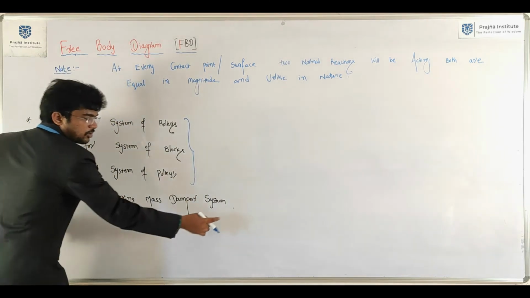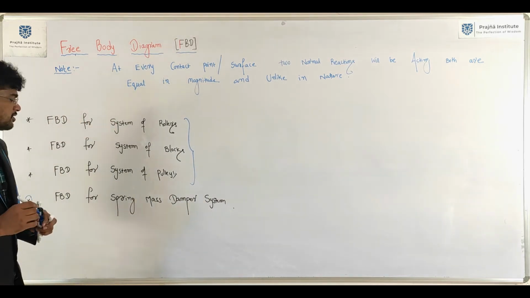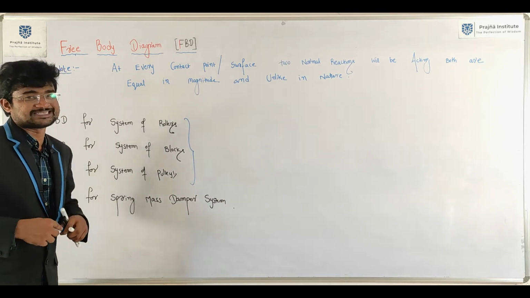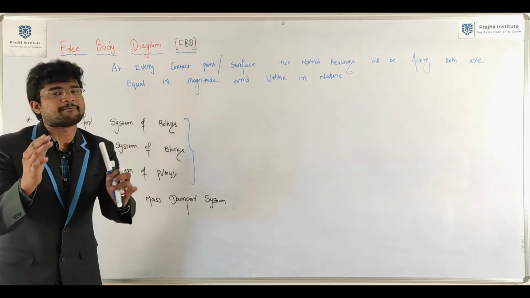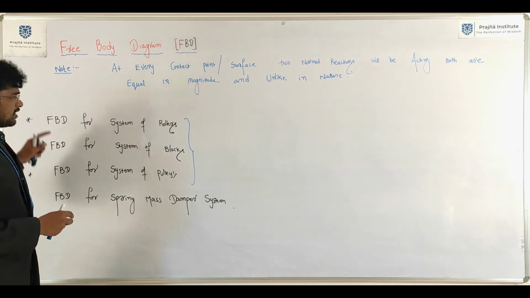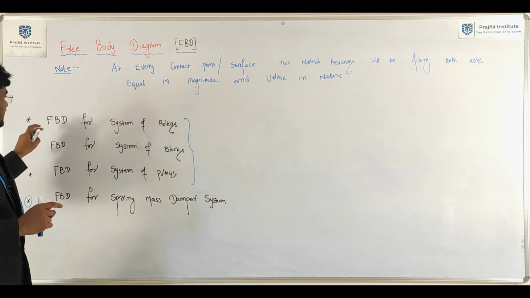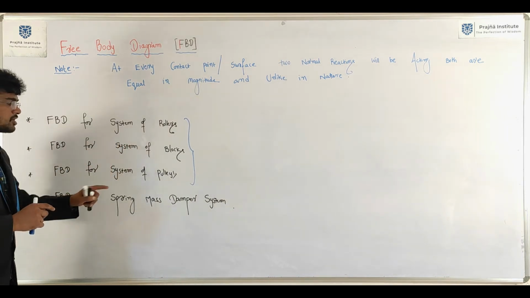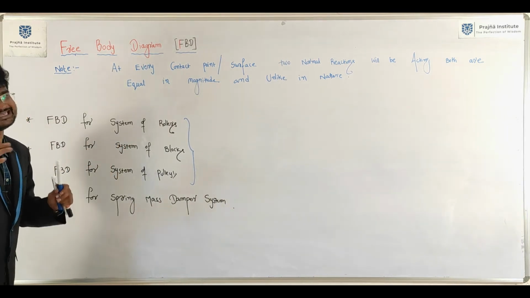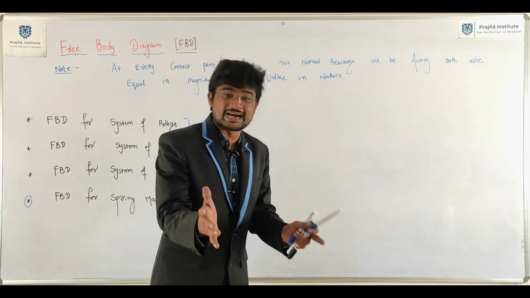I will give one more table for free body diagram for spring mass damper system. It is only for mechanical engineering students. So first table 5 points is enough to draw free body diagram for system of rollers, system of blocks and system of pulleys. Now I will give you one small example.